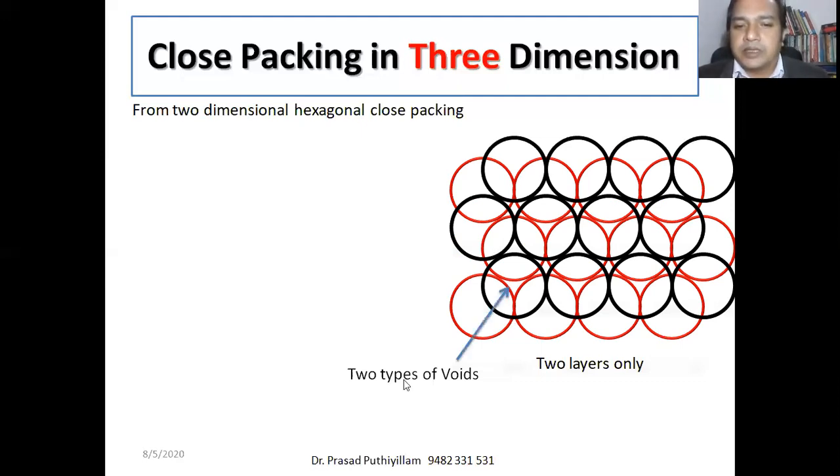Okay, here we can see the first type of voids, that is this one, in which the triangular shaped gap or void is covered by an atom of the second layer.